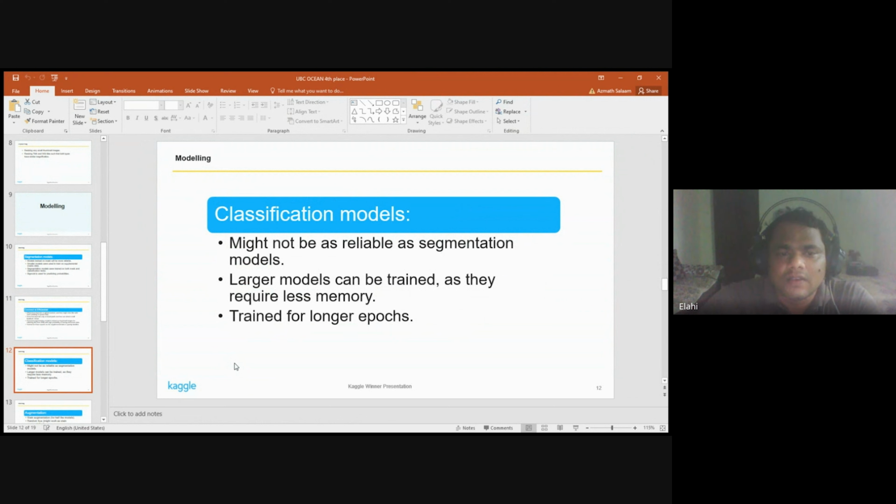Classification models use less memory than segmentation models, so I have used models with larger parameters than the segmentation models, and I have trained for more epochs.